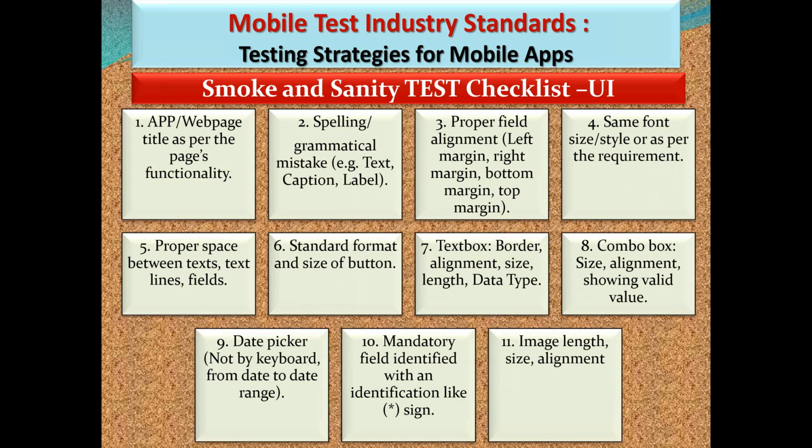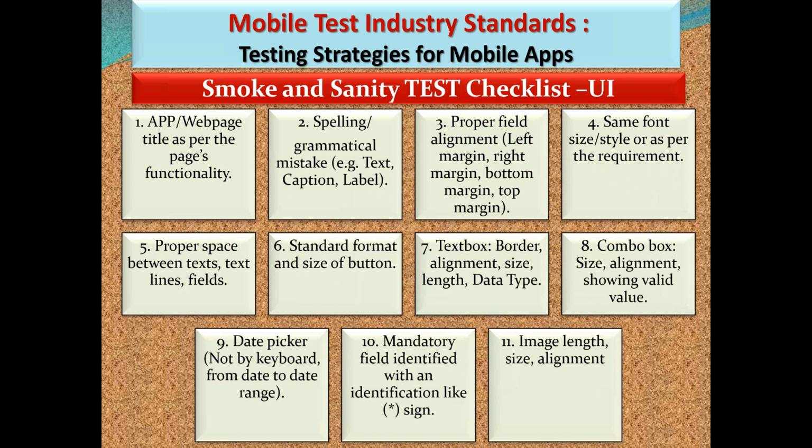Number 4, this is what we are talking about right now: developers sometimes change the fonts. So while you're testing the applications, you have to check what kind of fonts your application is using.